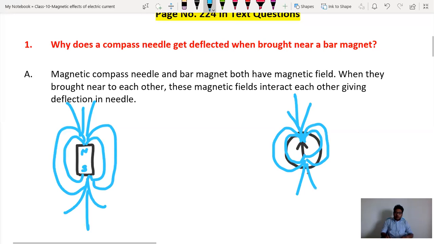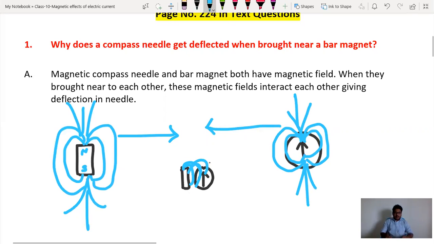Now, if both magnets are brought near to each other, what will happen? There will be one bar magnet and one magnetic compass. Both will have magnetic fields and these magnetic fields will intersect.